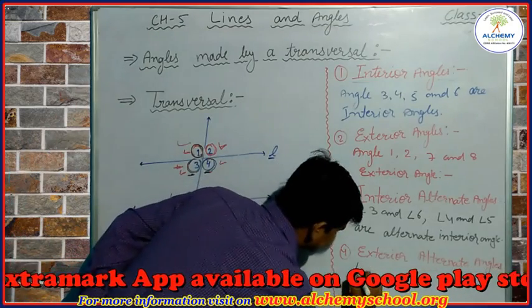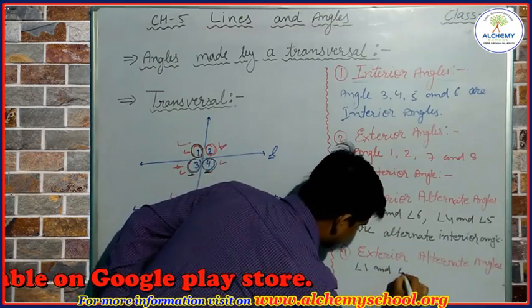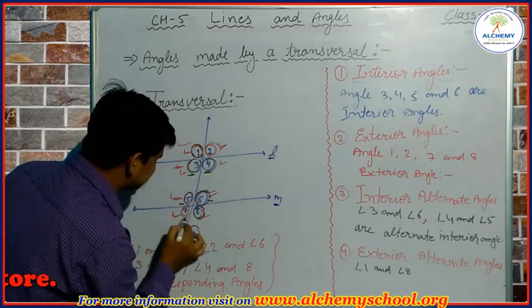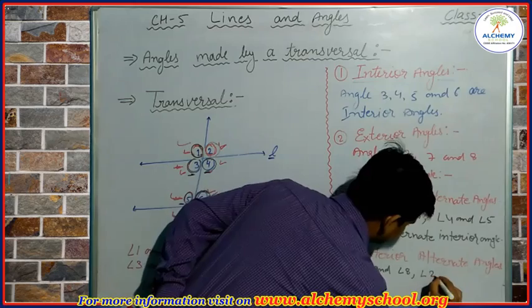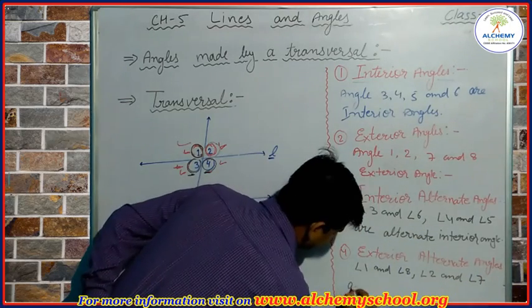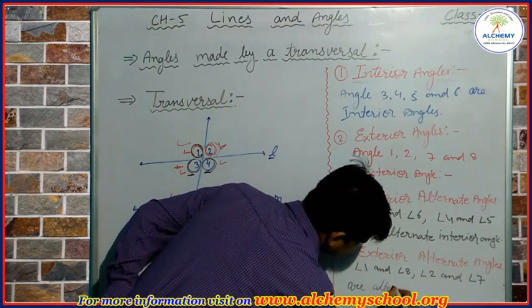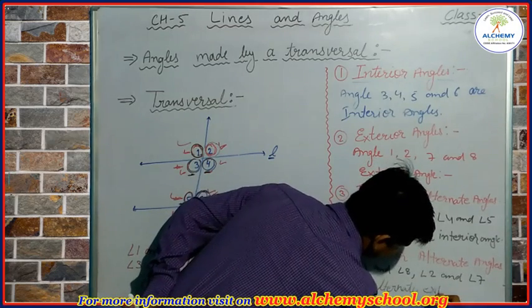So we can write angle 1 and angle 8, and angle 2 and angle 7 are alternate exterior angles.